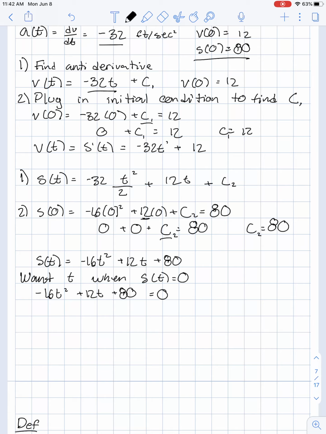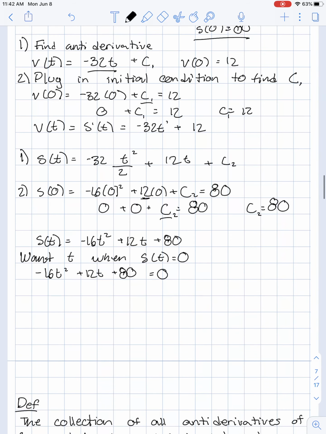All right, so each one of these terms is divisible by 4, so I can pull 4 out, just makes our life a little bit easier. And then I divide by 4, and we'll get negative 4t squared plus 3t plus 20 equals 0.